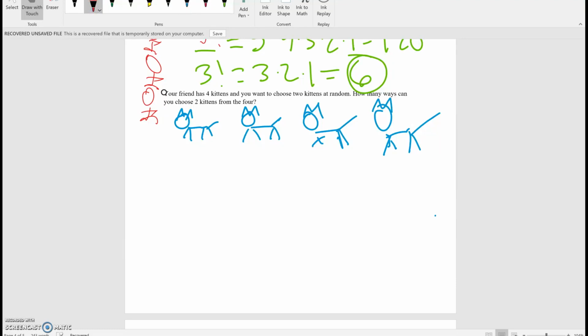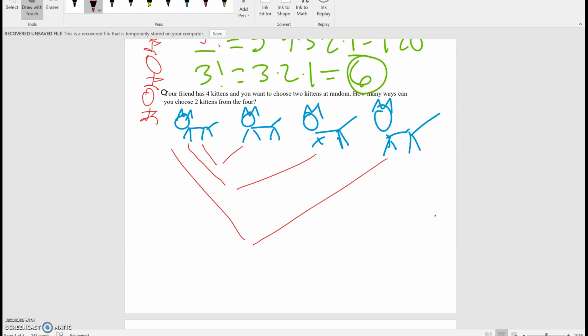Well, one combination that I can do is I can choose these 2 kittens if I wanted to, right? Or I could have chosen the first one and the third one, or the first one and the last one, right? That's 3 different combinations.